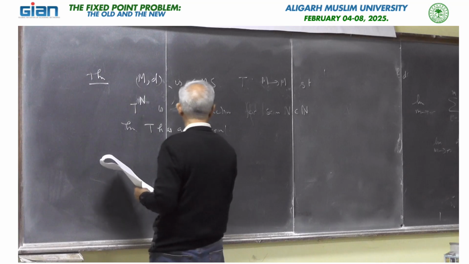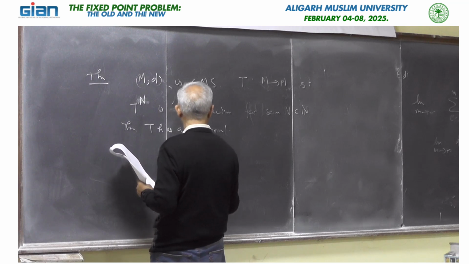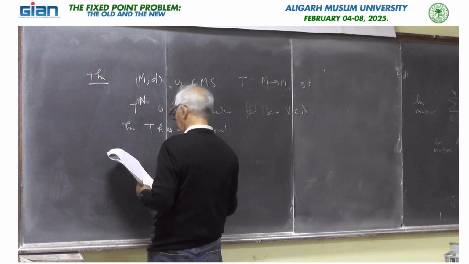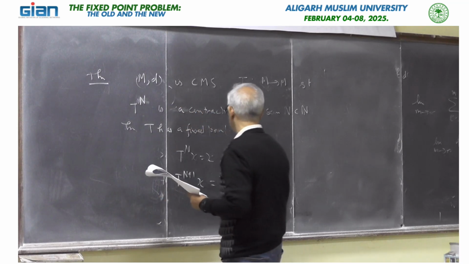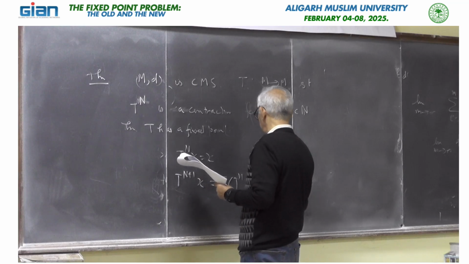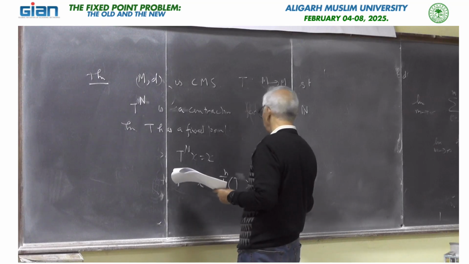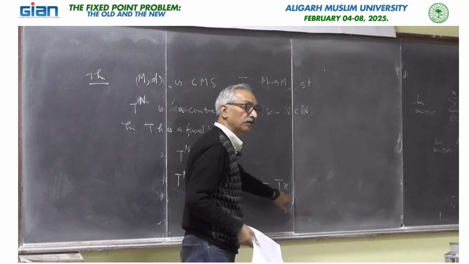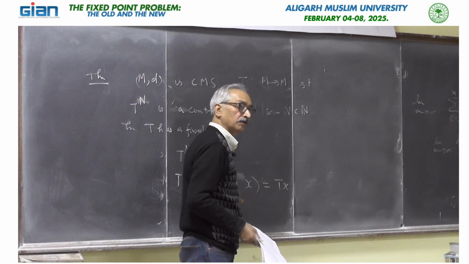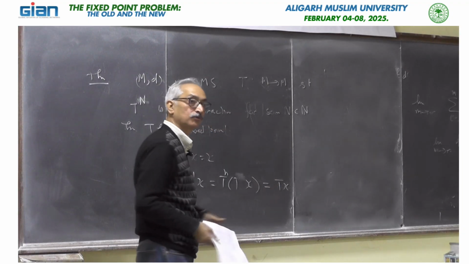Now then T^(N+1) of x equals T of T^N x, or rather T^N of Tx, equals Tx. So Tx is also a fixed point of T^N, but T^N has a unique fixed point, and therefore x and Tx must be equal.